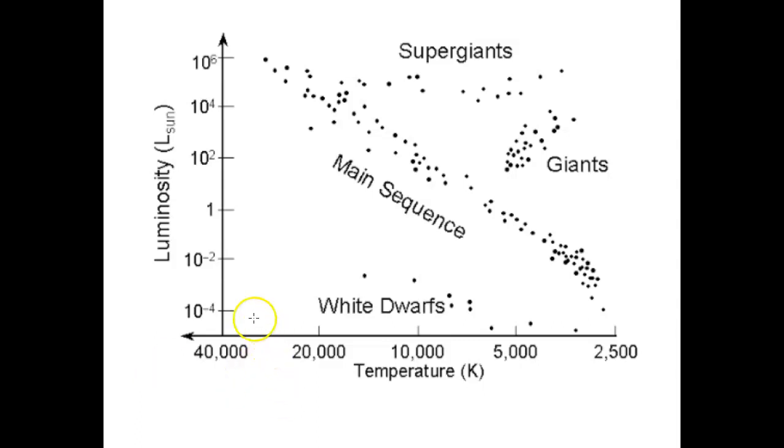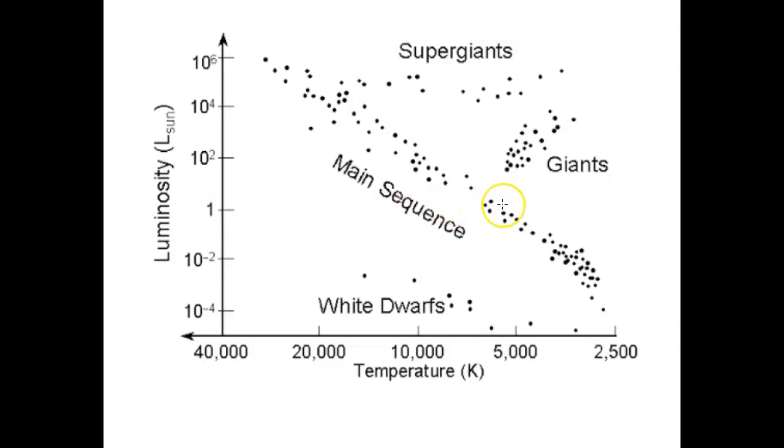All right. The other thing you're going to notice about the luminosity axis is that it is very different than something you're used to. It also is logarithmic. If you go here to the number 1, or I could have written it as 10 to the 0 power, anything to the 0 power is 1.